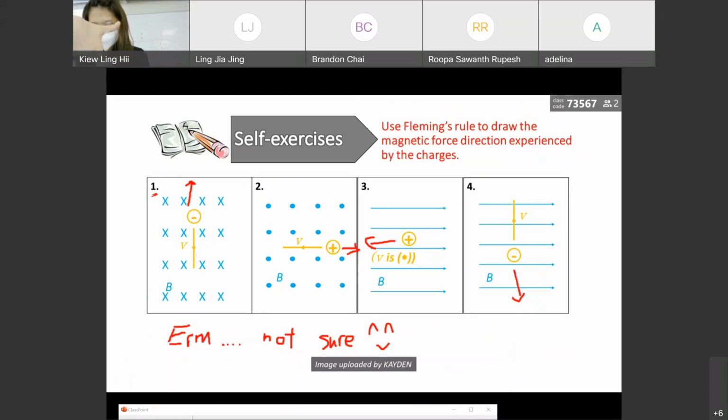V downwards. So where does your thumb show? The thumb is to the left. Am I right? Your Fleming's left-hand rule, so it is to the left. That is your force. Okay? Can get that?